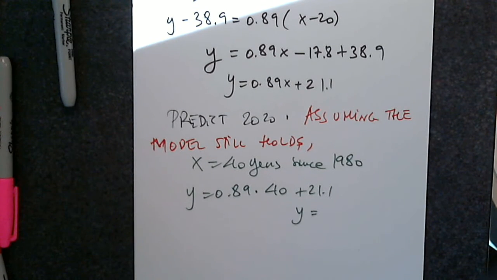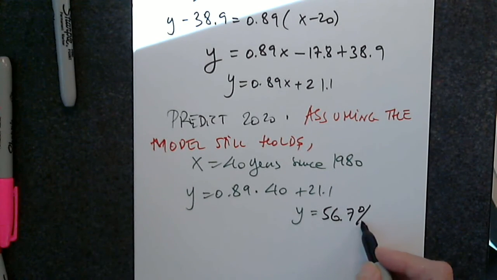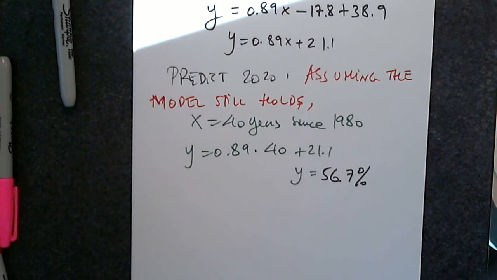Okay, I'll do it. 0.89 multiplied by 40 and plus 21.1. I got 56.7%, if the trend continues, but we don't know that for sure. Okay, ready? Questions for me?